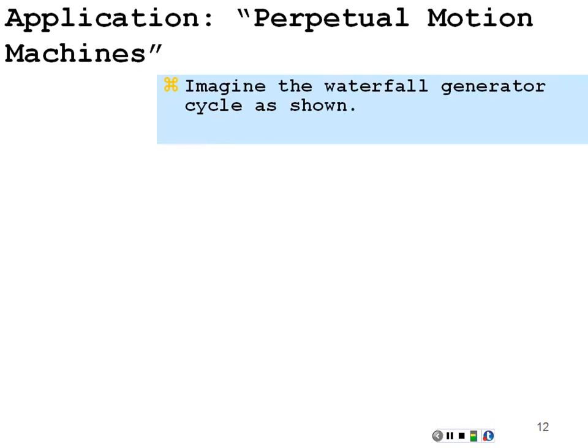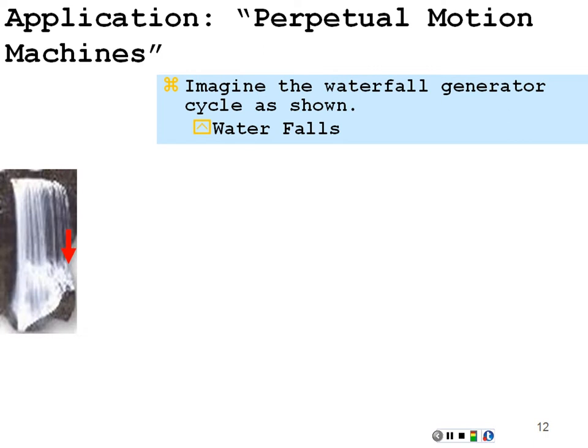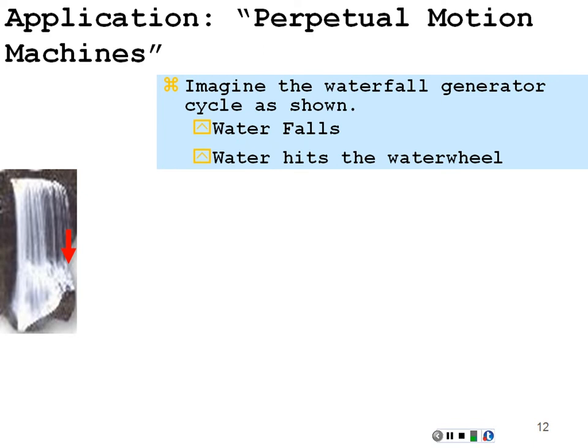So here's an application or imagination of an application: a perpetual motion machine. Imagine this. We have water falling down some certain height, so we got potential energy being transferred into kinetic energy of the water motion. At the bottom of this waterfall, we have a water wheel, and we're turning the water wheel.